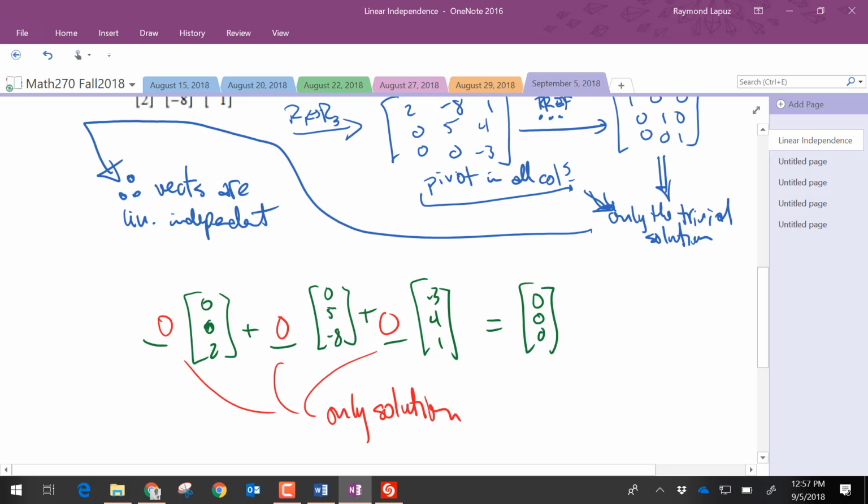Now, if they were linearly dependent, then we can get 2 or maybe all 3 of them to equal a number that's not all equal to 0. And in that case, it would be dependent. Geometrically, we'll take a look at it, yeah.